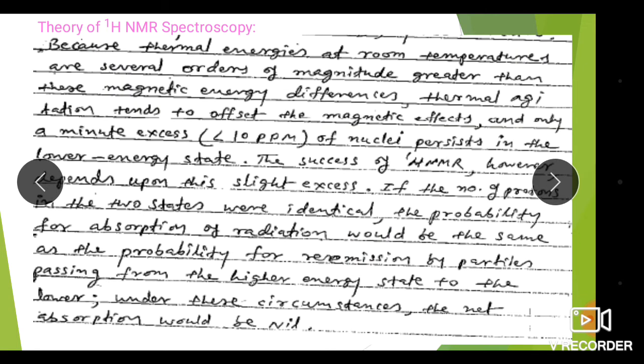This is the orientation of the nuclei. However, the thermal energies at room temperature are several orders of magnitude greater than these magnetic energy differences.